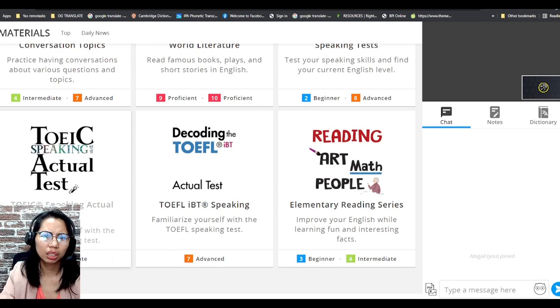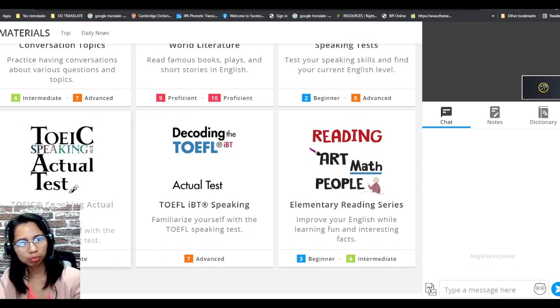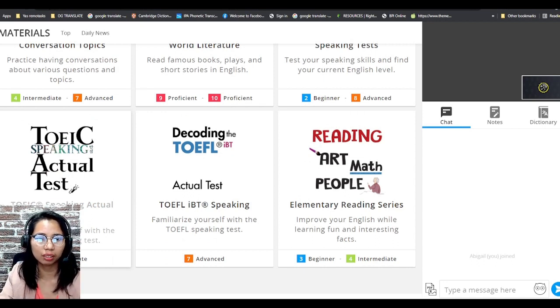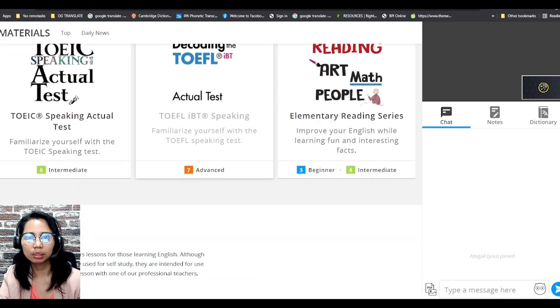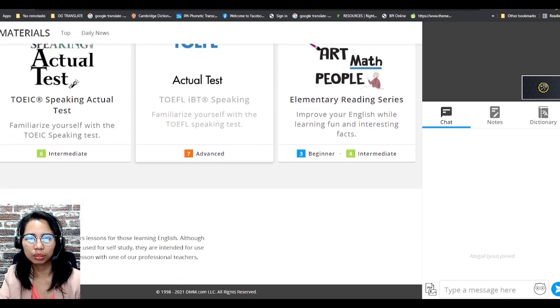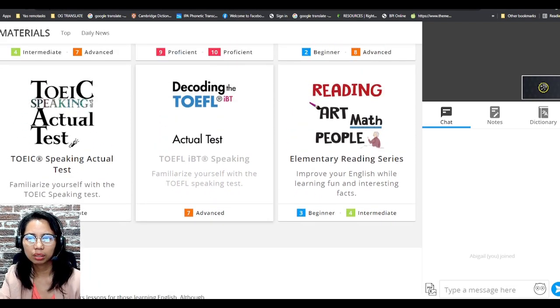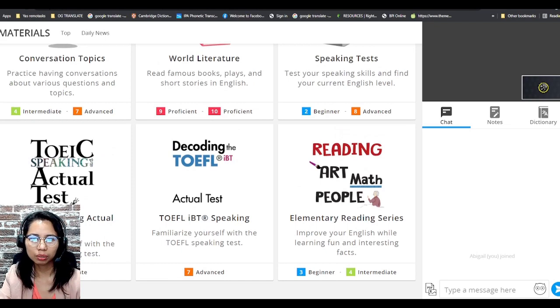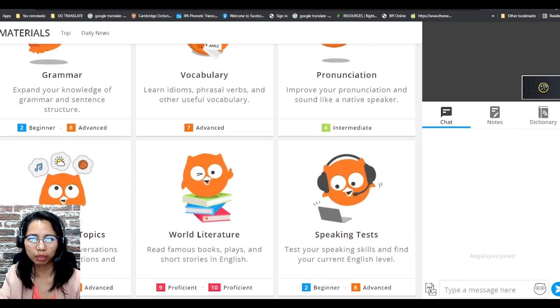Actually, TOEIC is more popular than IELTS in Japan. Most of the students prefer TOEIC over IELTS. But sometimes I do have IELTS too. Next is decoding the TOEFL. I haven't tried this one yet. Reading, art, math, people. I haven't tried these either. Okay, so those are the lesson materials provided by Engoo.